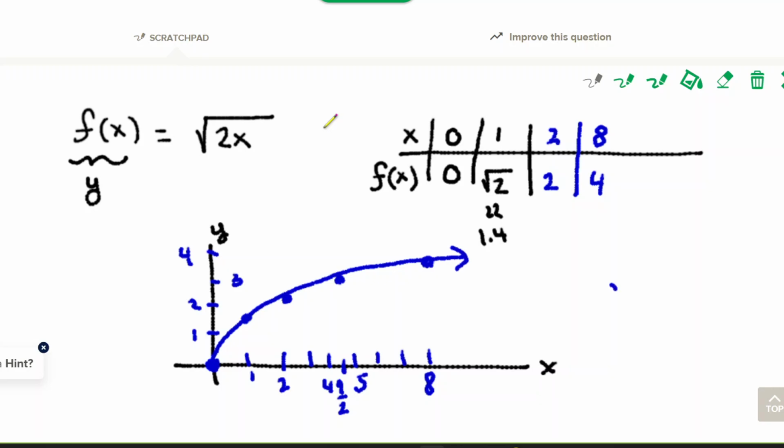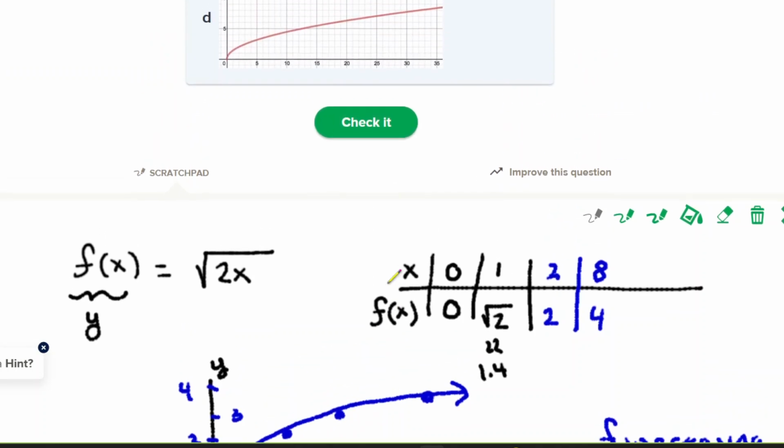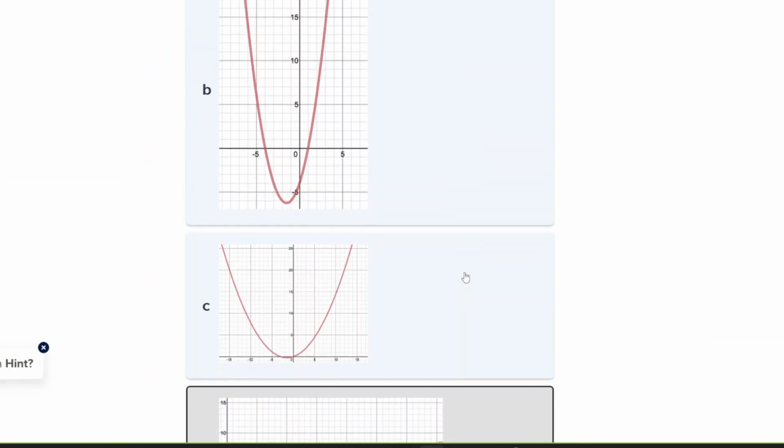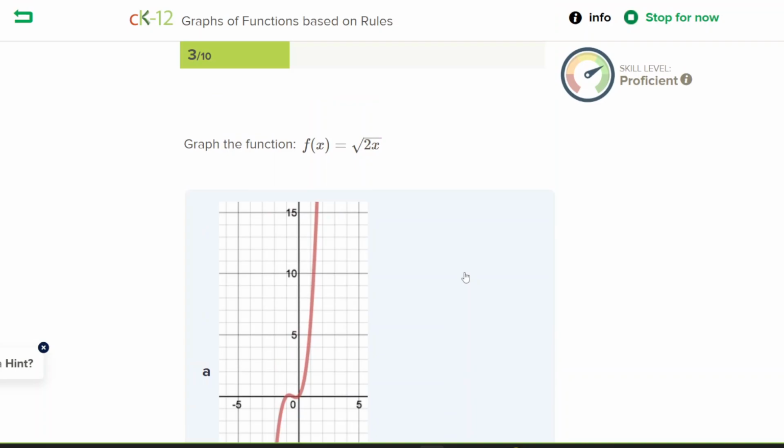And it's still increasing, based on our definition from earlier. f is an increasing function. As the x coordinates increase, the y coordinates are increasing as well all the time. As I look at it from left to right, the graph is going up. So based on the rule and my plots of points here, this looks like the shape of this graph, which is once again choice D among all these other choices here.